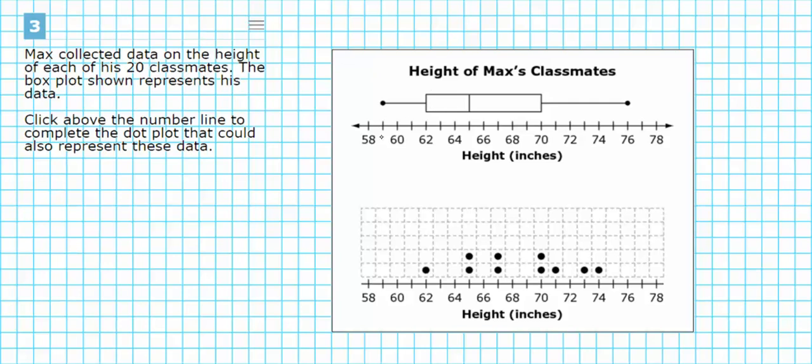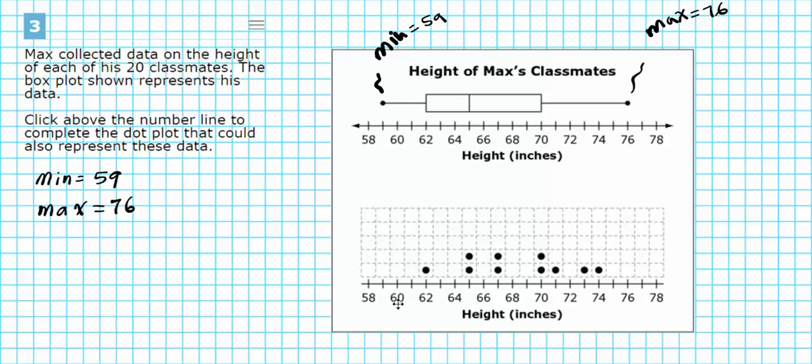We see that our minimum is 59, and our maximum is 76. Let's write that down: minimum is 59 and max 76. So what does that mean? It means that we should have points there to capture the entire range of our box plot.